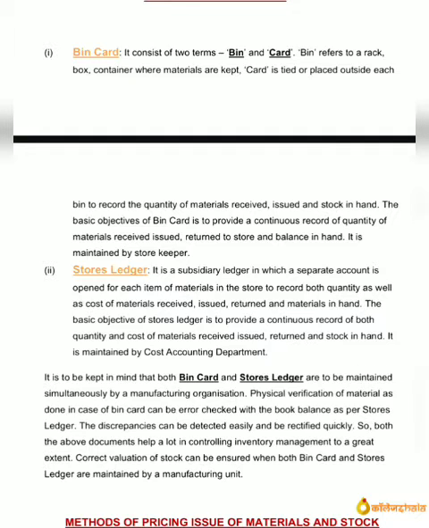So it is always favorable to have both the bin card and stores ledger for correct valuation of stock, proper reconciliation, etc., and that will ensure that our accounting is correct as per book valuation and as per physical checkup. So that's why these two documents are very, very important.